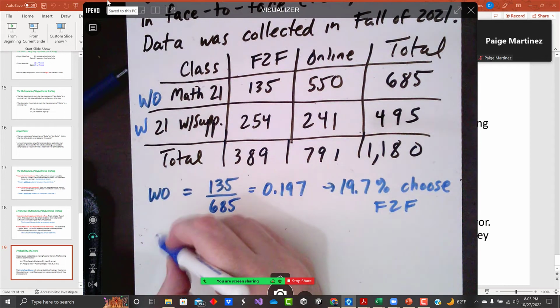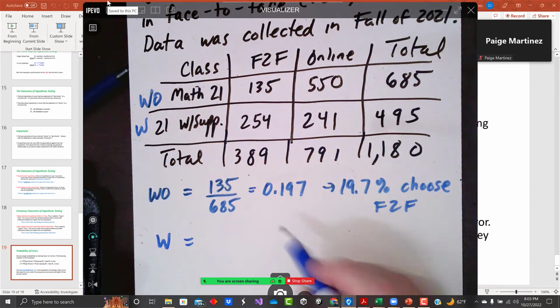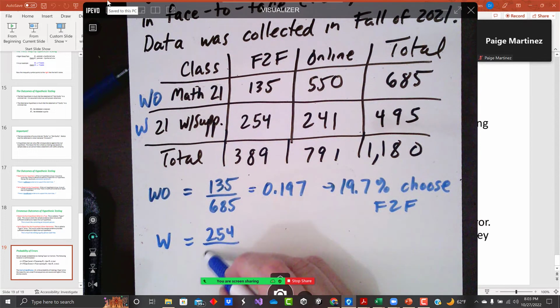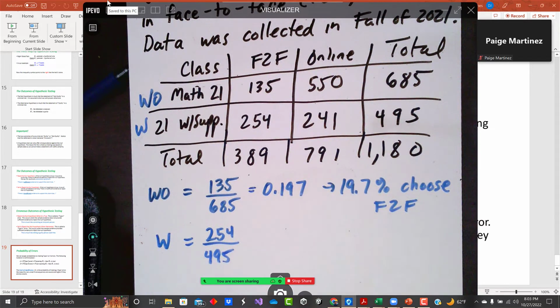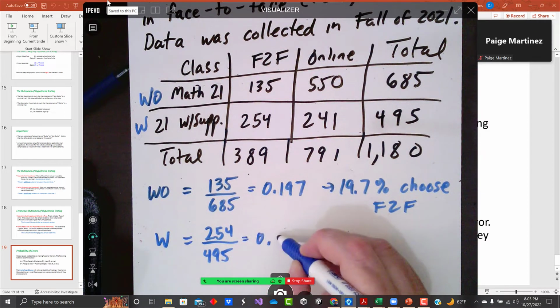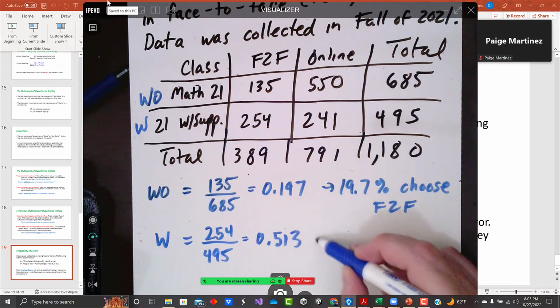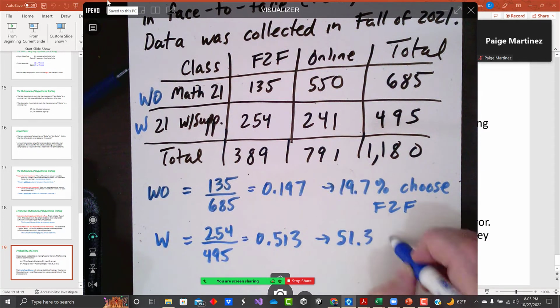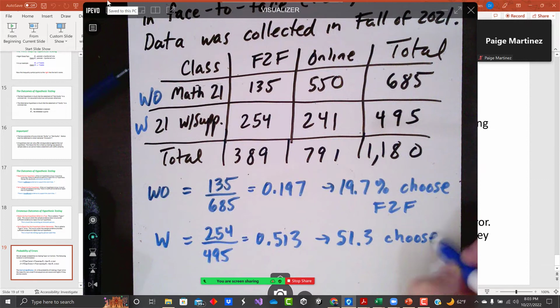If I look with, we had 254 out of 495. And that's 0.513. So 51% chose face-to-face for the support course.